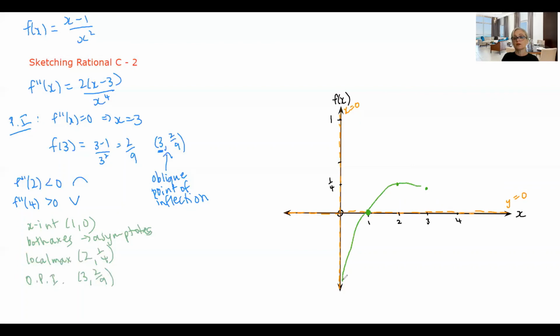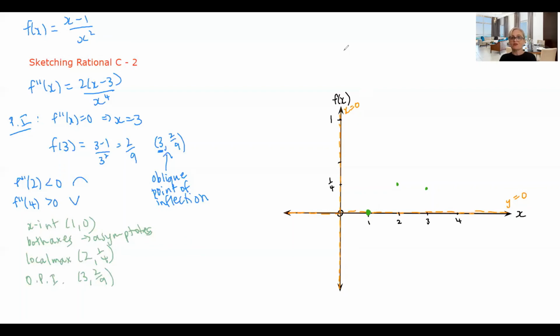And we know that that's a local maximum. And we know that at this point here, the concavity changes from concave down to concave up. And we know that as we're tending towards x equals infinity, we're tending towards this line y equals 0 from above. Now, I'm not particularly happy with the shape of that function, so I'm actually going to redo that last little bit, in fact, all of it, which is okay to do.